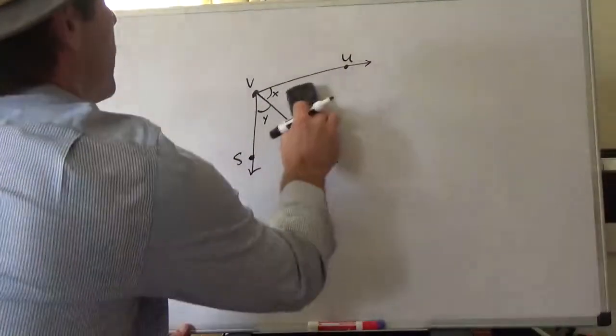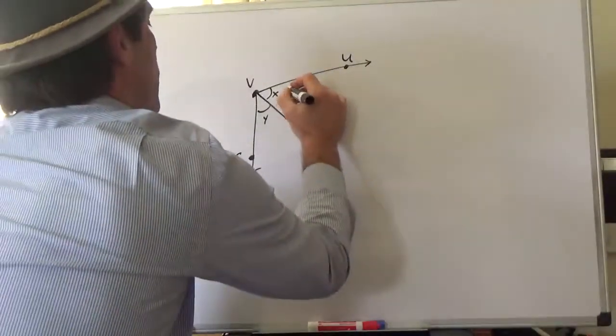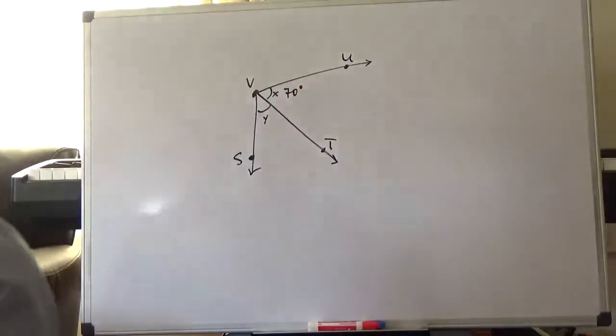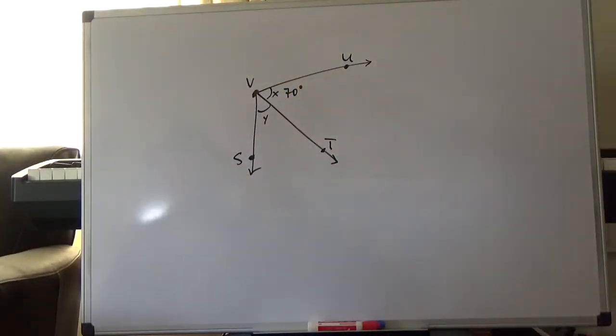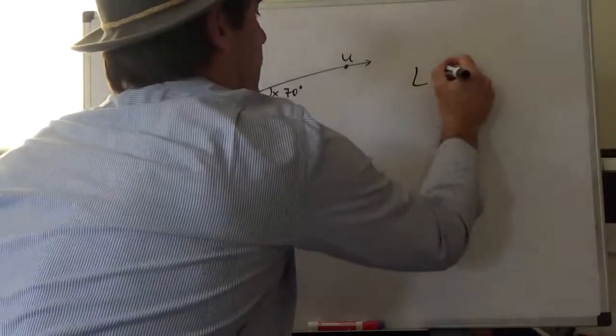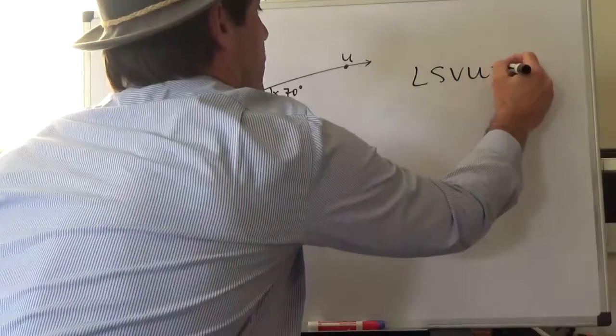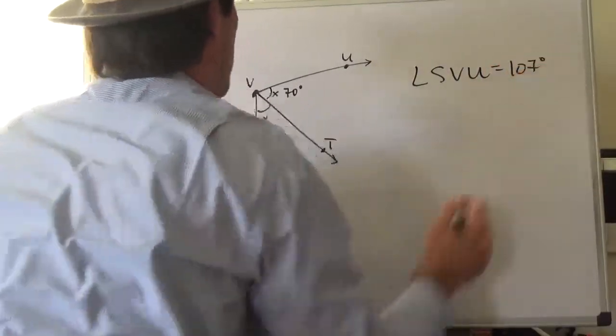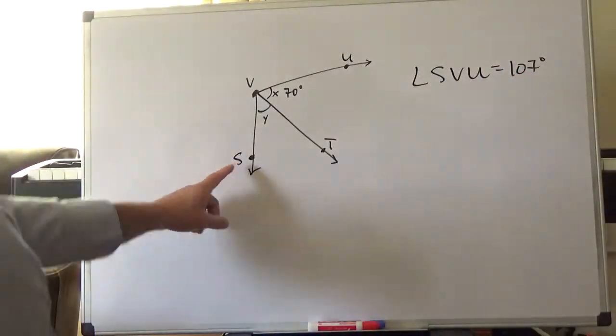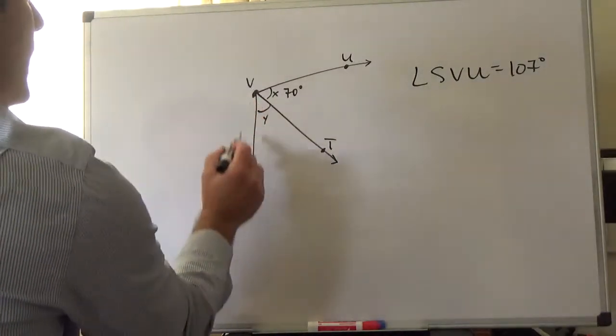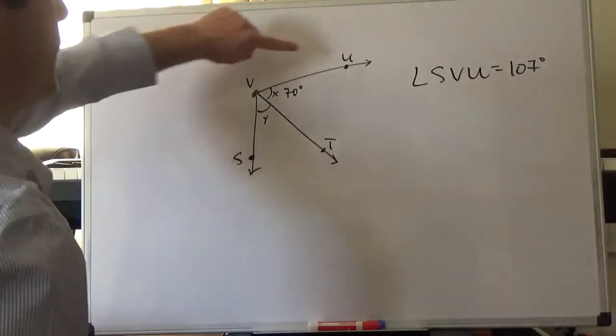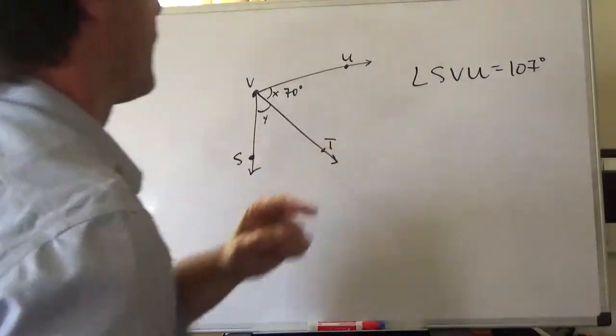That's kind of sloppy. 70 degrees. So, what is angle SVU? Well, SVU equals 107 degrees. So we know that this angle from here to here, SVU, is 107 degrees.